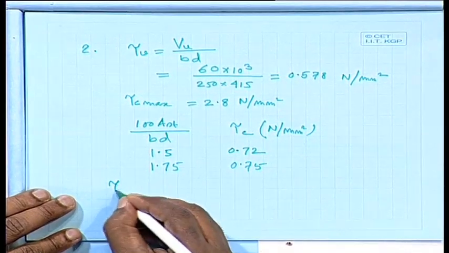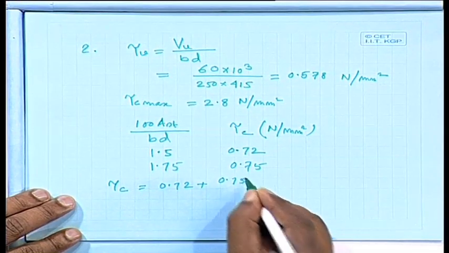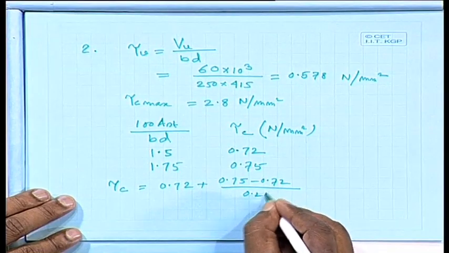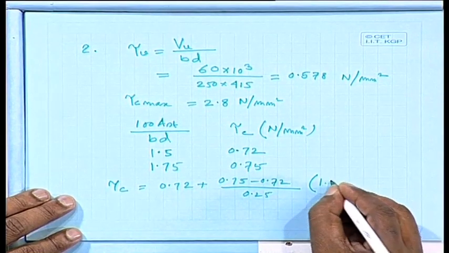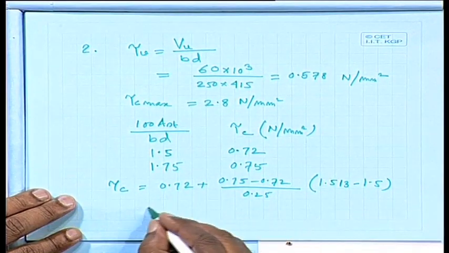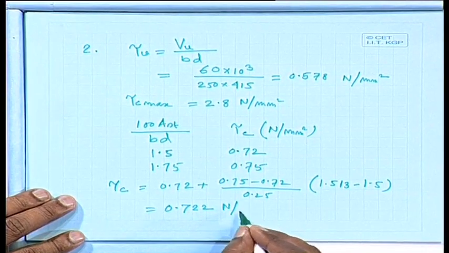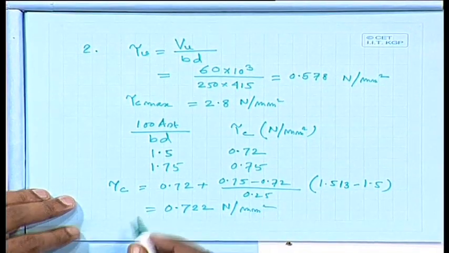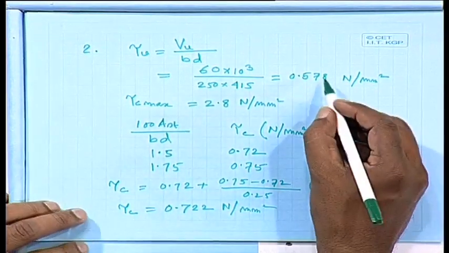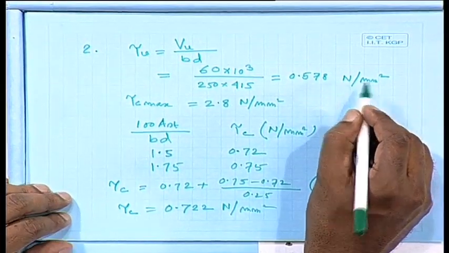So, tau C equal to 0.72 plus (0.75 minus 0.72) divided by 0.25 times (1.513 minus 1.5), percentage of steel, which comes as 0.722 Newton per square millimeter. So, tau C we shall get as 0.722 Newton per square millimeter and tau V 0.578 Newton per square millimeter.